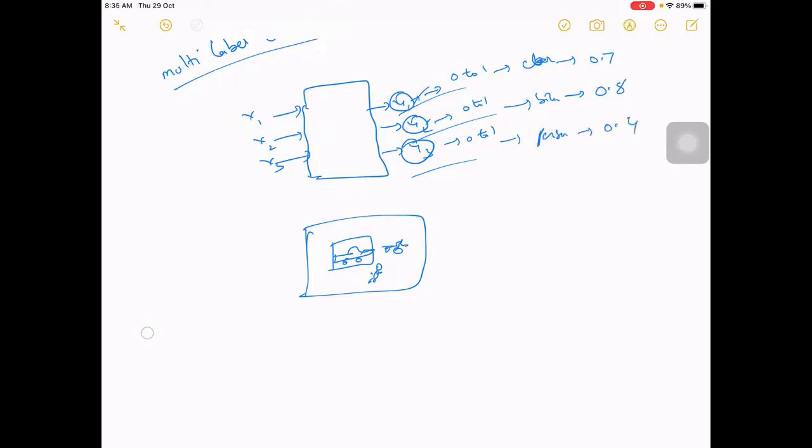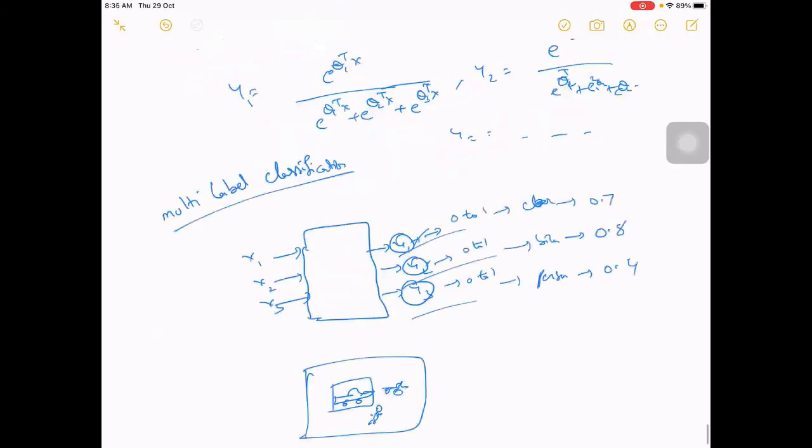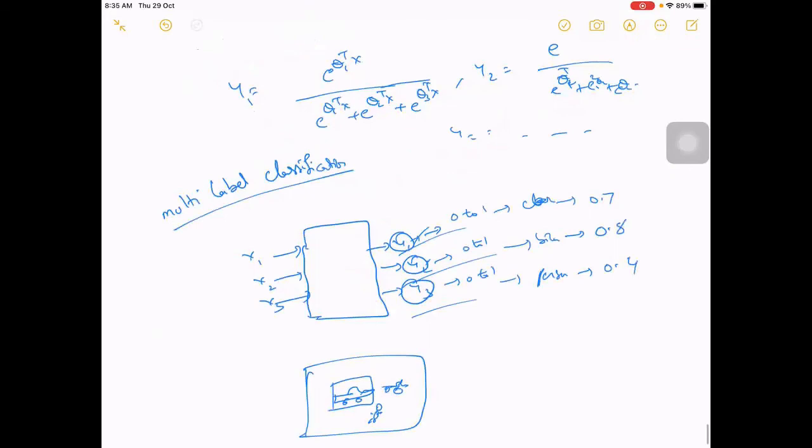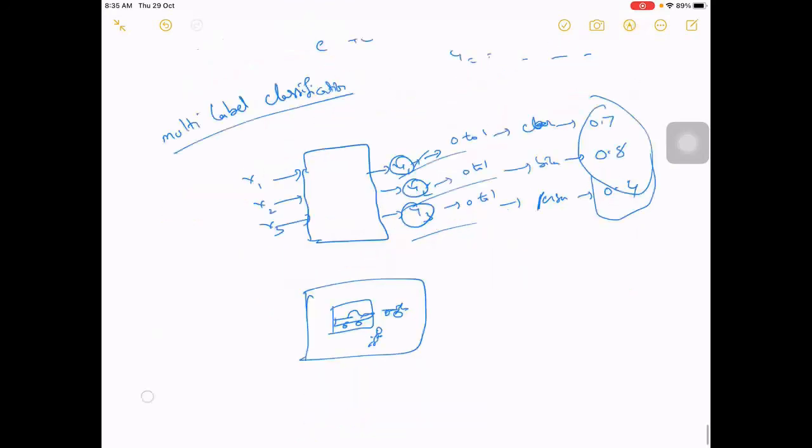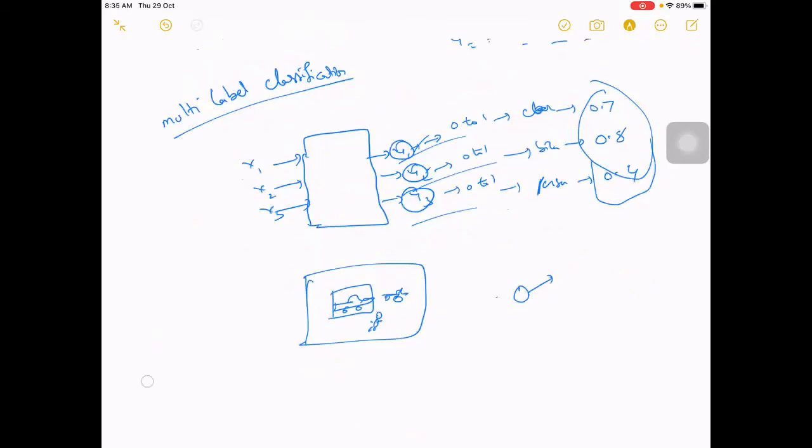So in this case, none of these needs to sum up to 1; each can be separate. It means the probability you have here can be computed separately as 1 by 1 plus e power minus x for y1, similarly for y2, similarly for y3.